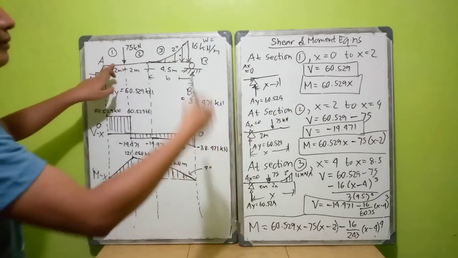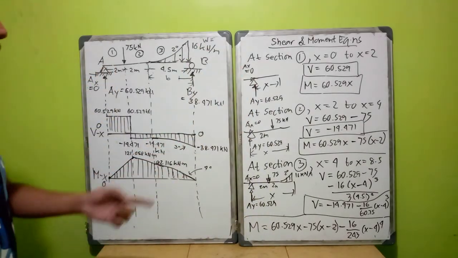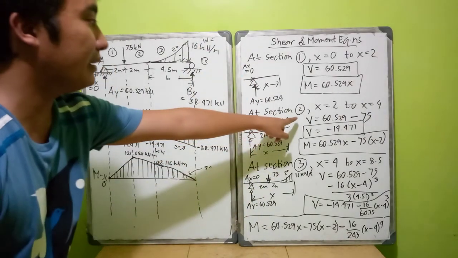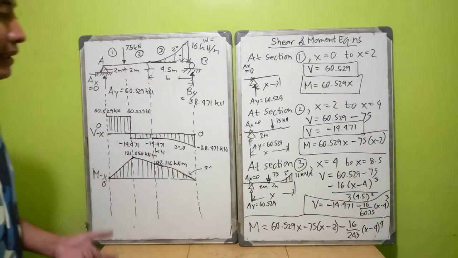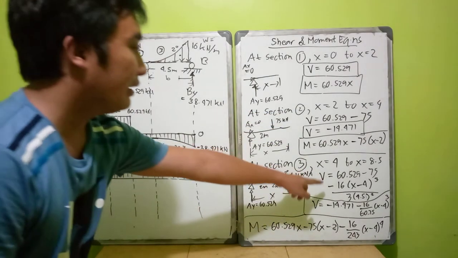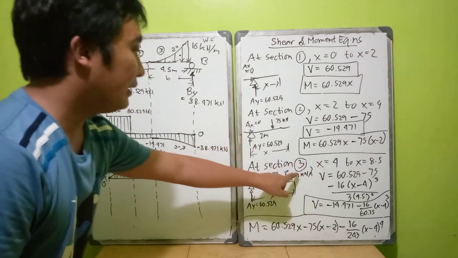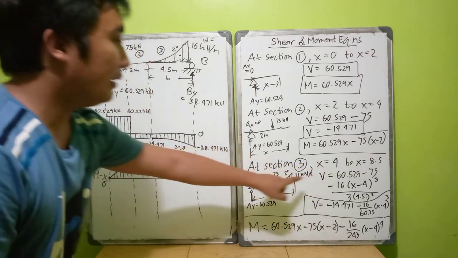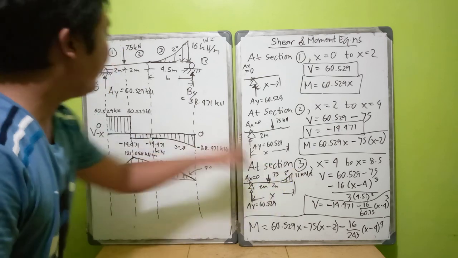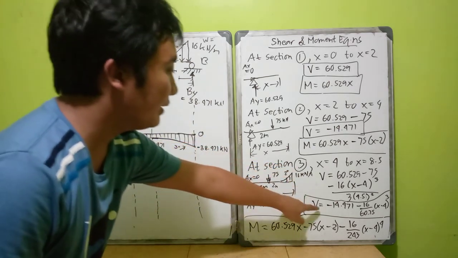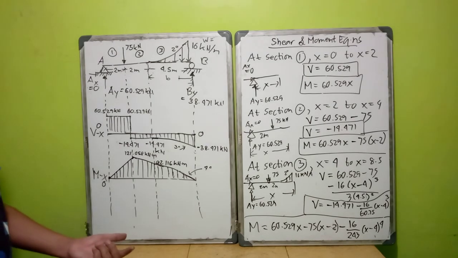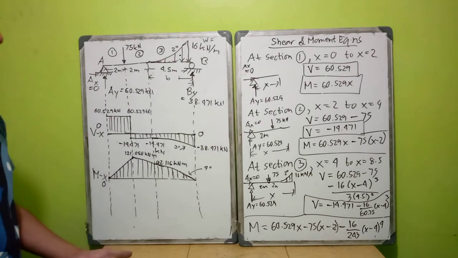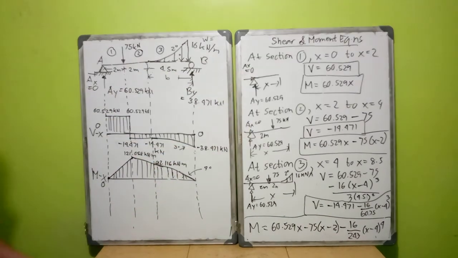When x is equal to 3, since it is located in section 2, you use these formulas. When x is equal to 6, since it is between x equals 4 and x equals 8.5, it is within section 3, so you use these formulas to find the value of shear and moment at that specific point, depending on what section it is in.